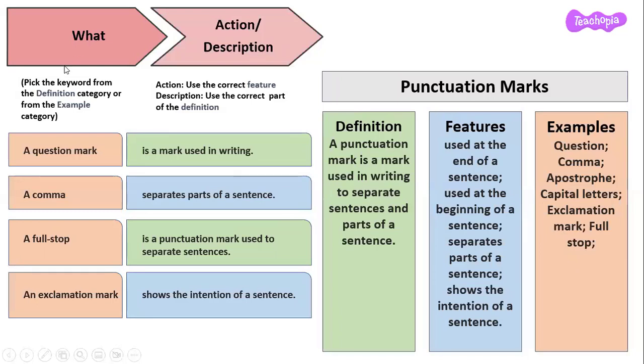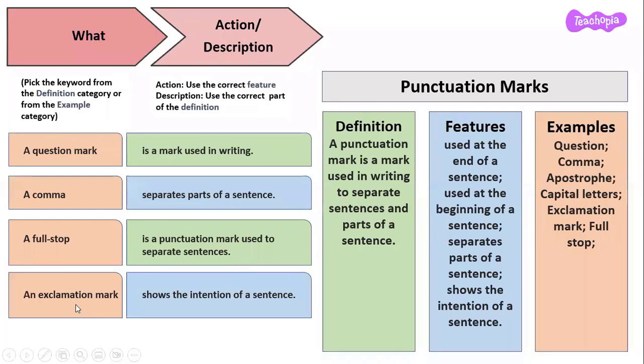Once again, what do we want to talk about? A full stop. Here, once again, I want to talk about a quality about a full stop. So I have borrowed a part of the definition. So it is a punctuation mark used to separate sentences. So here I've added that under the second block. So my sentence is a full stop is a punctuation mark used to separate sentences.